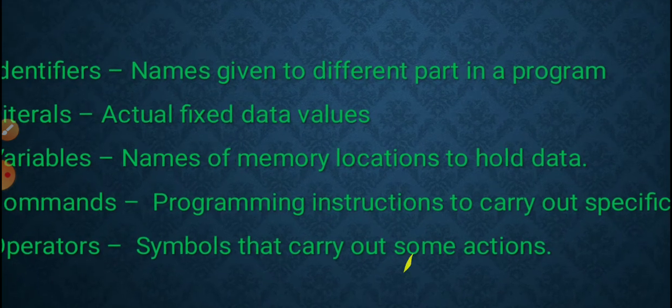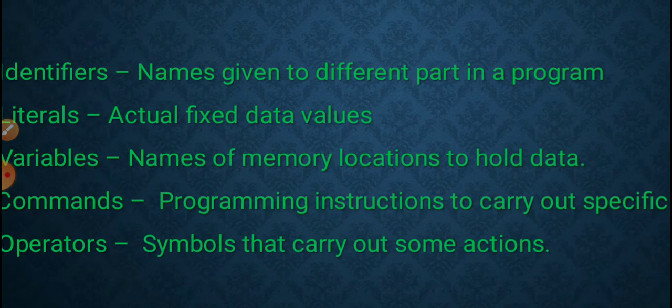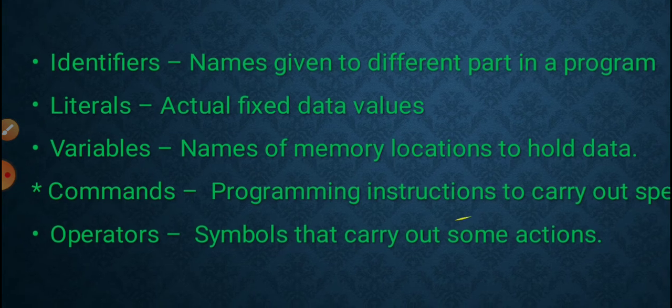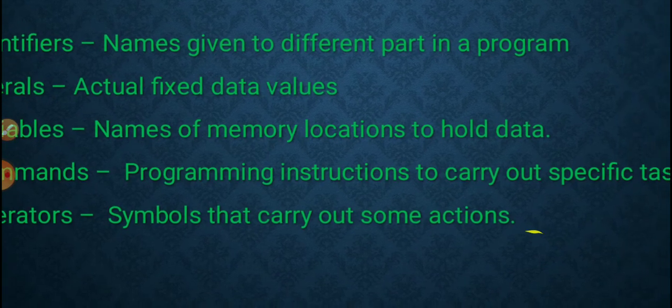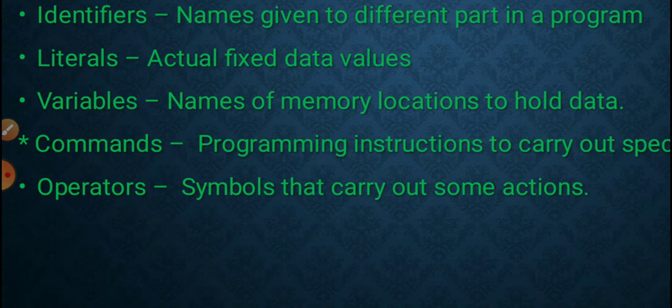Identifiers are the names given to different parts in a program. Literals are actual fixed data values, and variables are names of memory locations to hold data, and commands are programming instructions to carry out specific tasks. The operators are the symbols that carry out some actions.